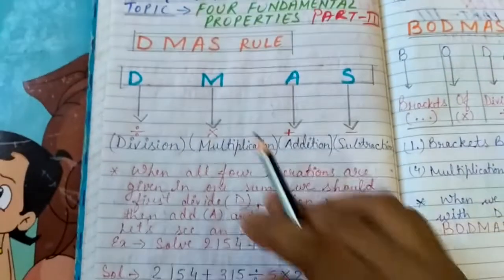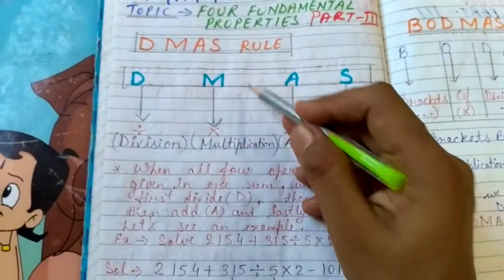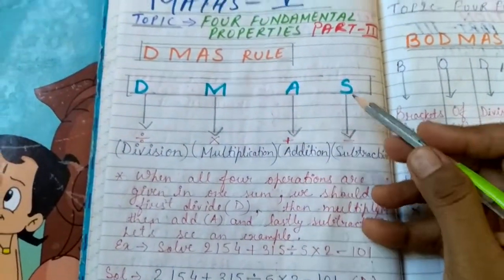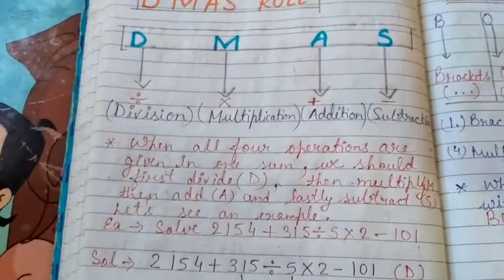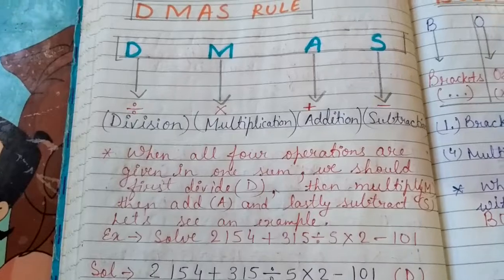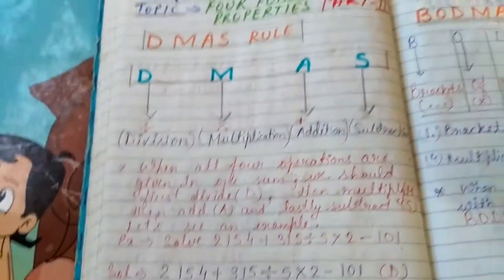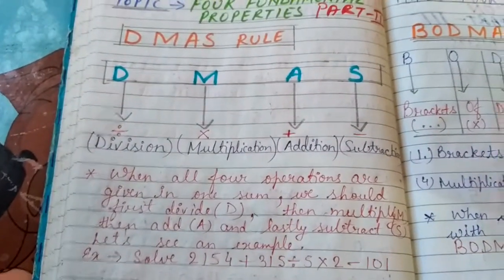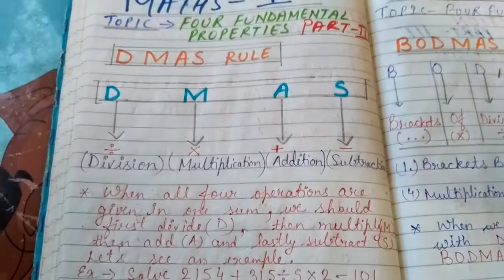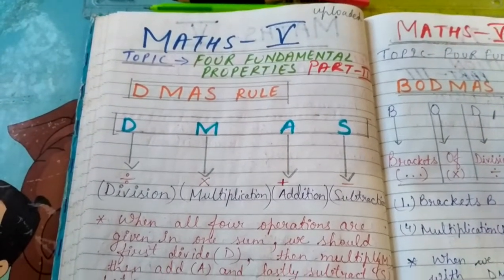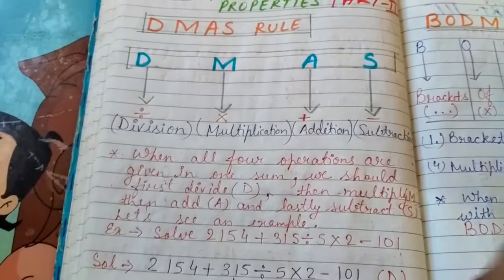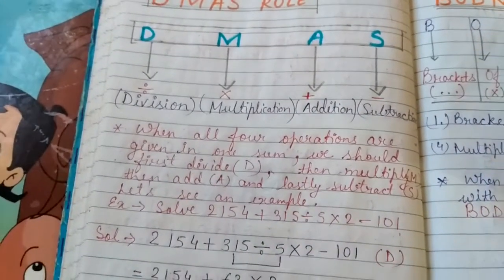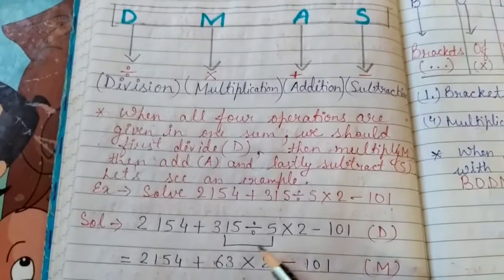And then we have seen the DMAS rule, that was D for division, M for multiplication, A for addition, and S for subtraction. So the basic thing was that when all the four operations, division, multiplication, addition, subtraction, are given in the same question in one sum, then we should first attempt the division part of that question.